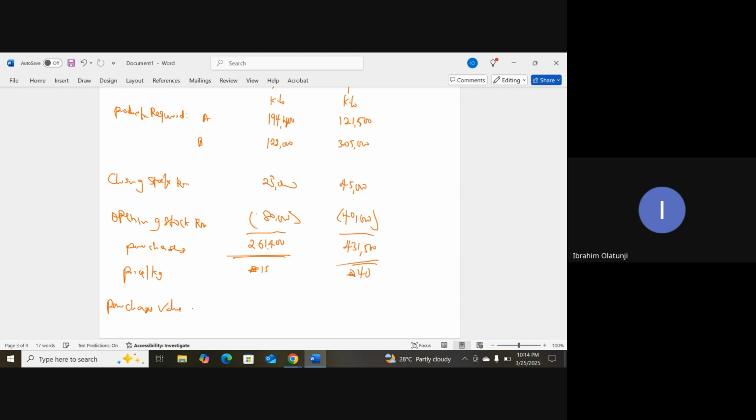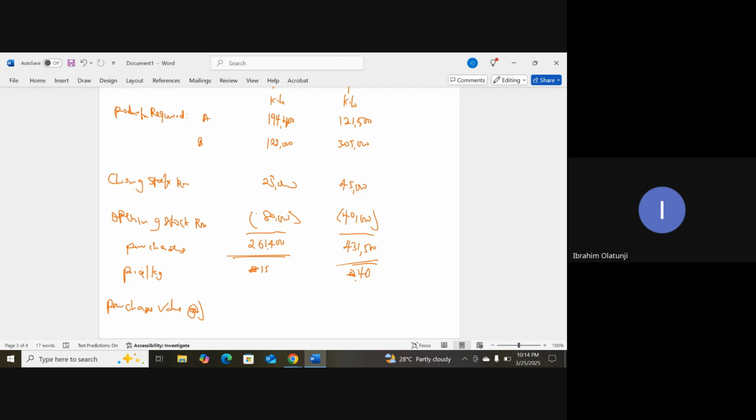The person should ask a question, please. Are you saying if you were told to calculate the purchase cost budget, we use the 15 naira and the 40 naira to multiply our figures here? Okay, so that we just put it here.